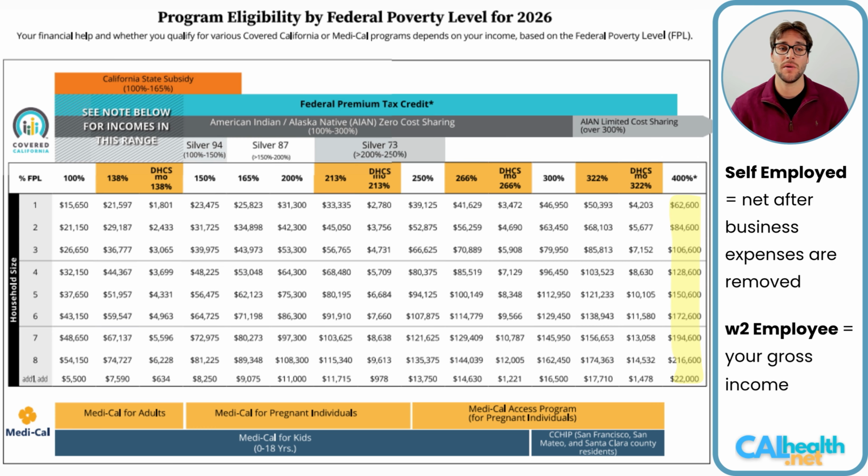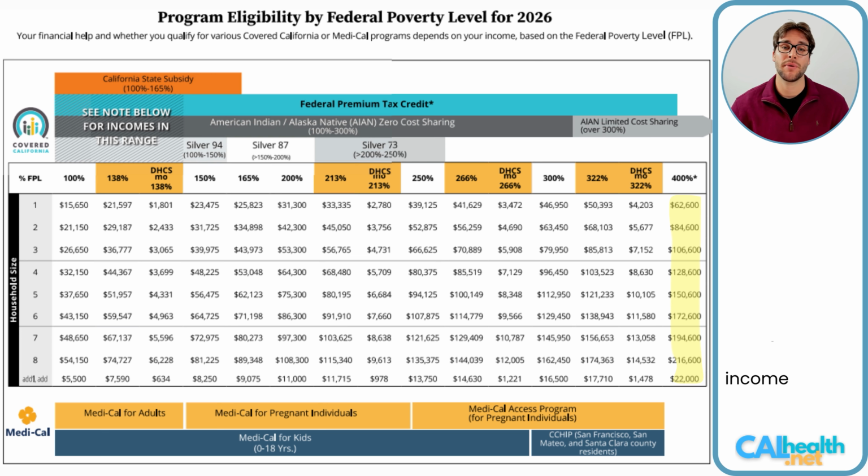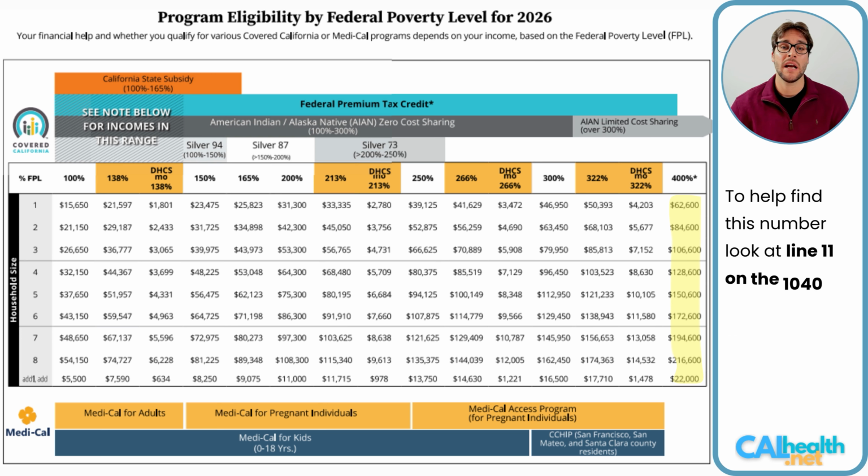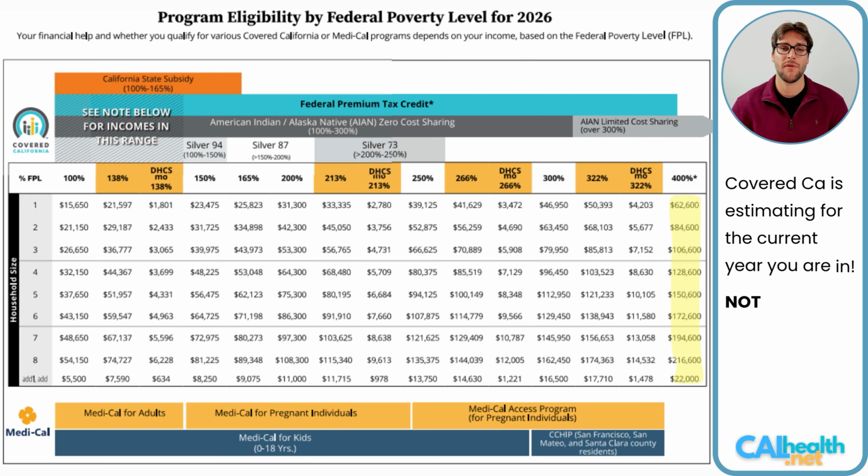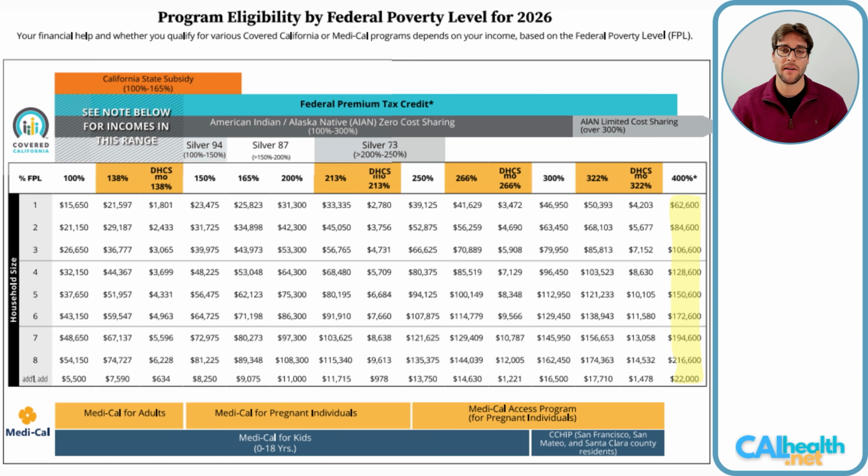And if you're W-2, then we just want to be looking at your gross income. If your income is pretty consistent, then you can also look at line 11 on the 1040 tax form and estimate from last year's income for this year's. But keep in mind, when it comes to Covered California, they look at all the income from this coming year and not last year.